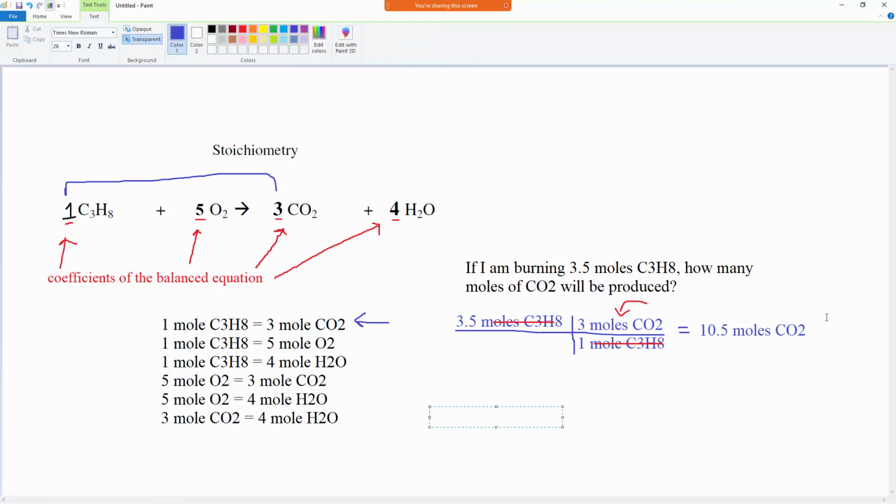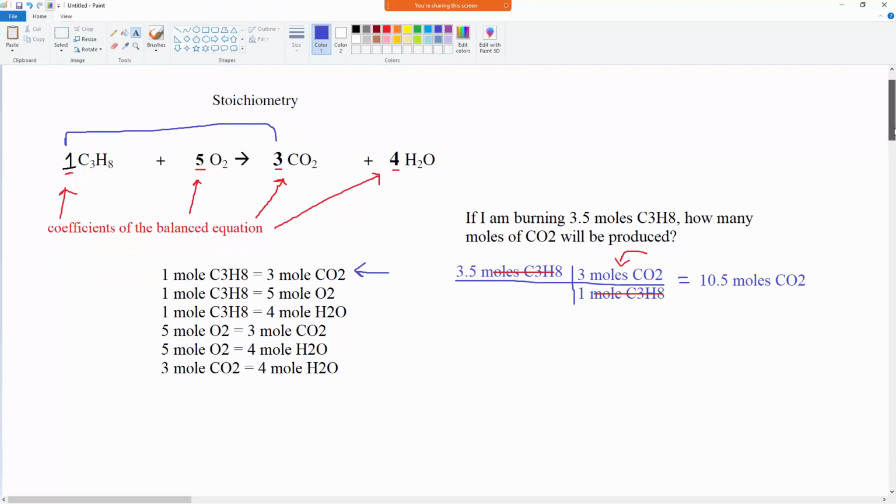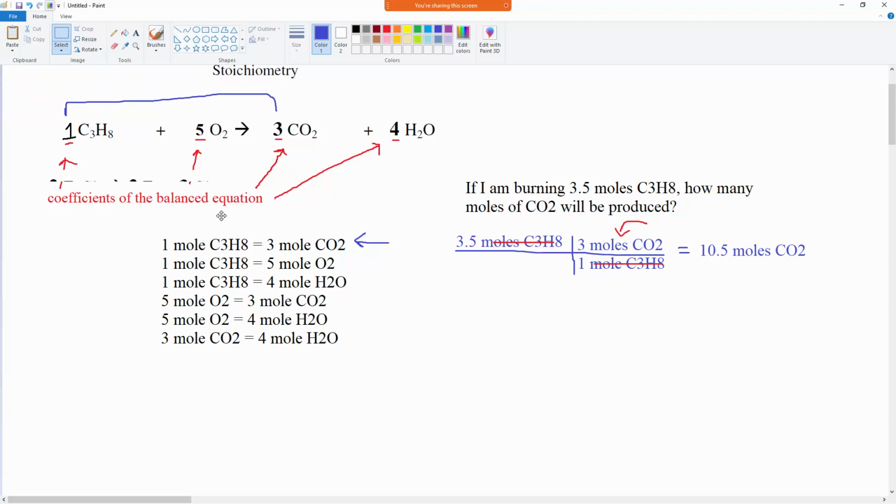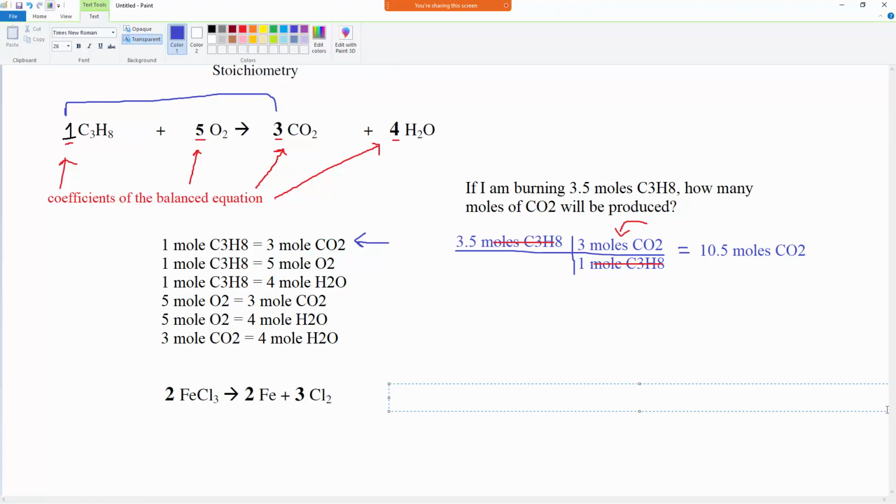All right, let's say we are given the following equation. And now I'm not going to pull out all of the different conversion factors that I might be able to come from that, but I could just say, let's solve this problem.